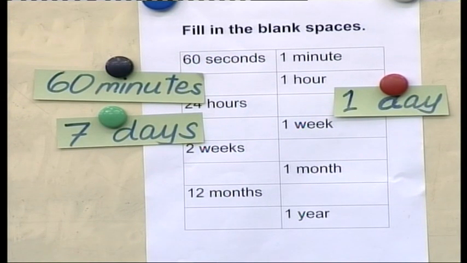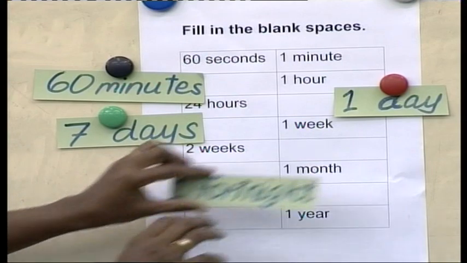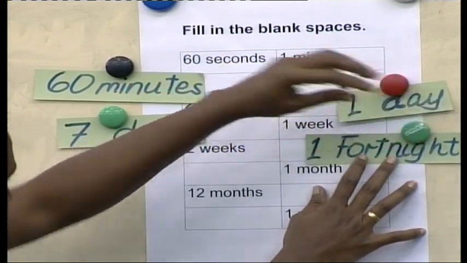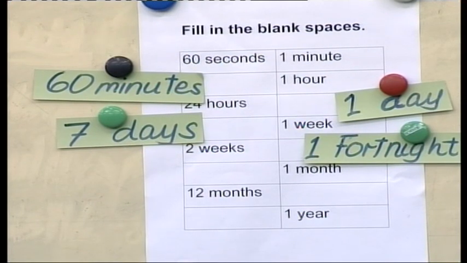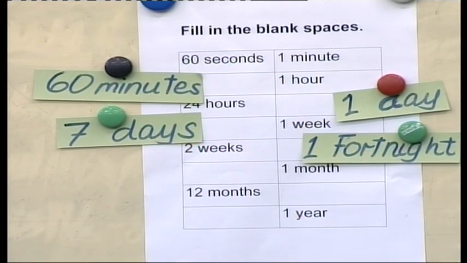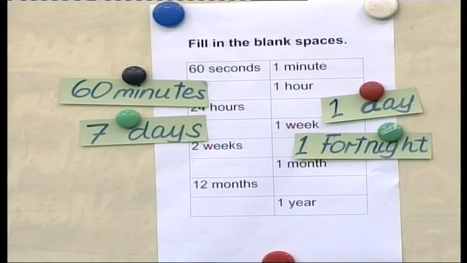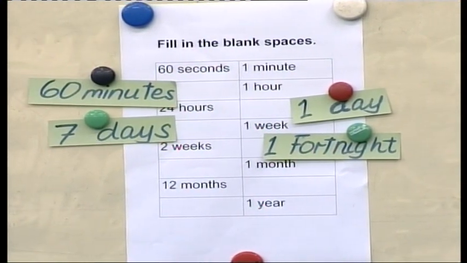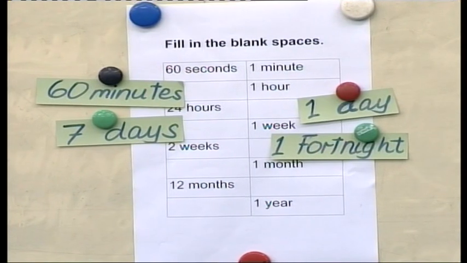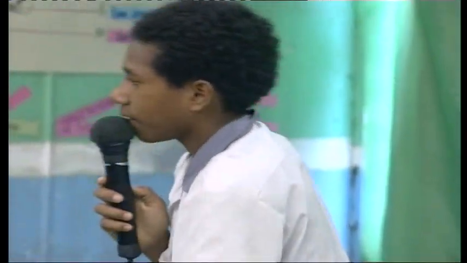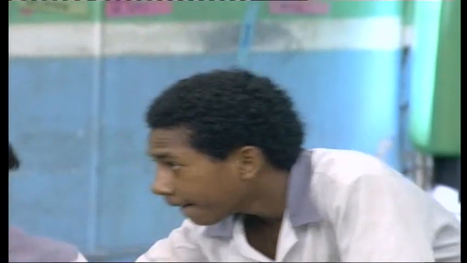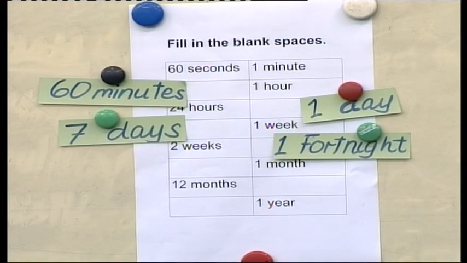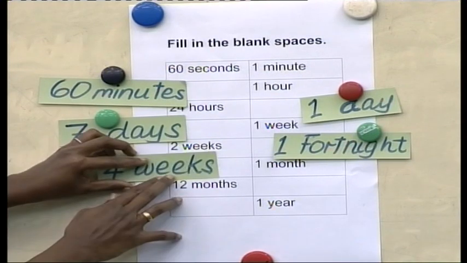We work for 2 weeks and then we get our fortnight pay. What makes a month? Four weeks. Very good. 4 weeks is equals to 1 month. There are 4 weeks that makes up 1 month.